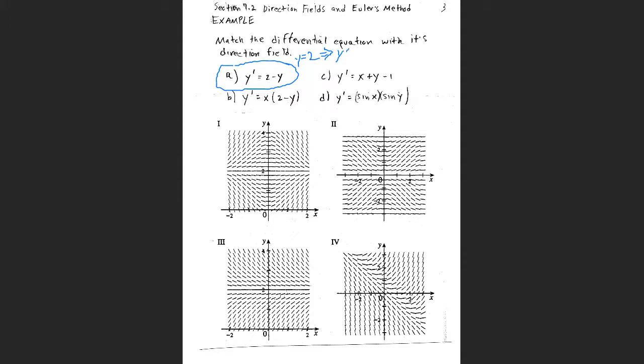So y equals 2 is a special solution. What kind of solution is that? A solution that makes the derivative equal to 0? There's a special name for that. We just learned it. Well, that's right. It's an equilibrium solution. We call it an equilibrium solution.